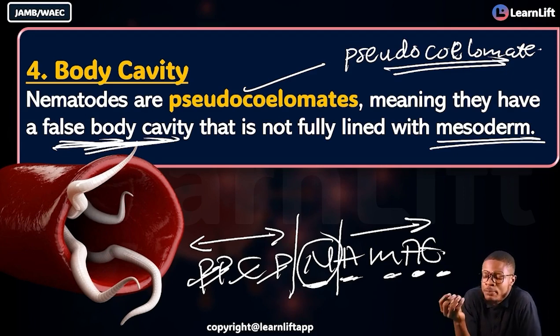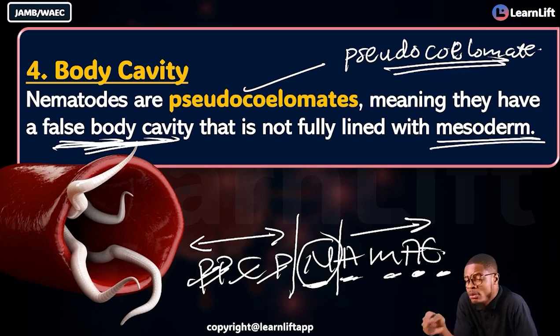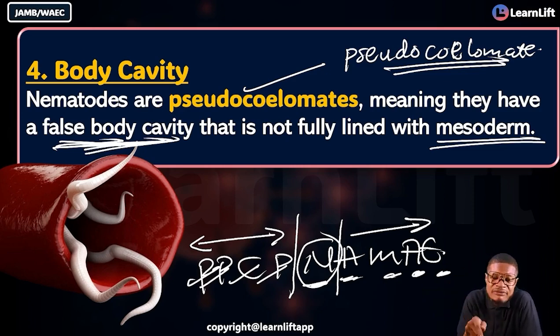Protozoa, Porifera, Coelenterata, Platyhelminthes have no body cavity; they are acoelomates. Nematodes are the distinguishing landmark there. Annelids, molluscs, arthropods, echinoderms have a true body cavity, called the coelom. So they are coelomate organisms.